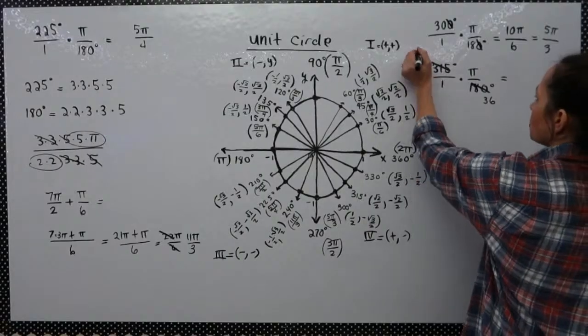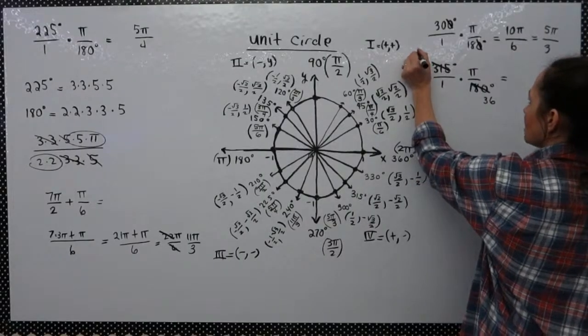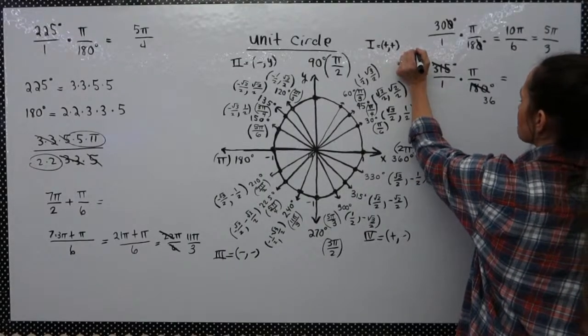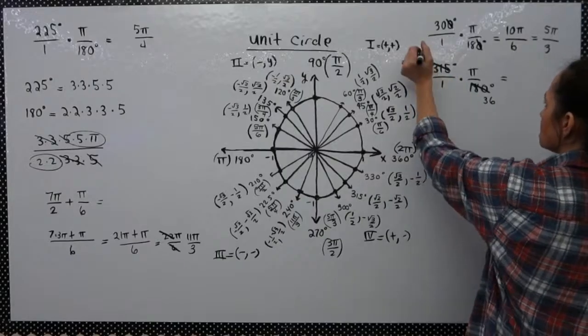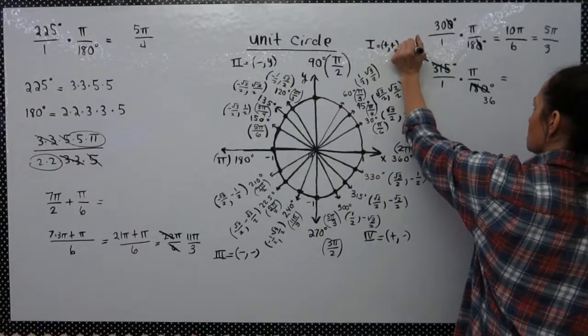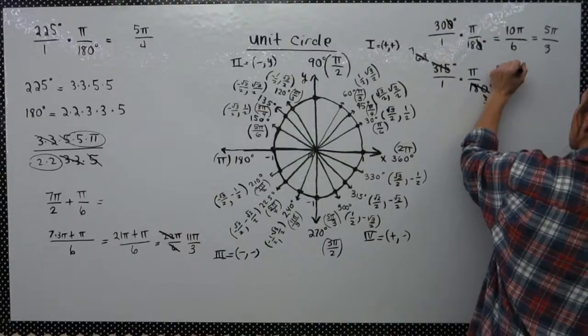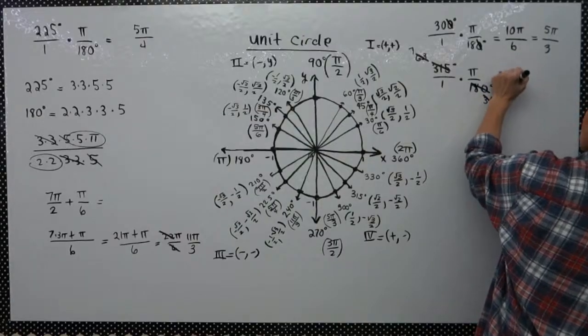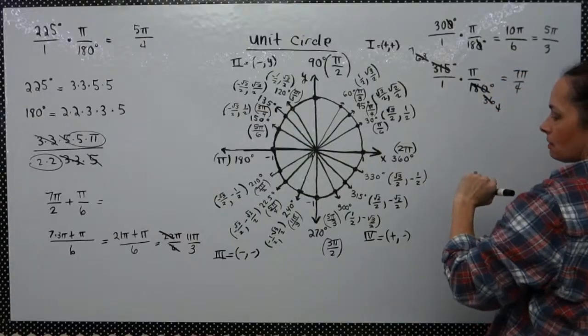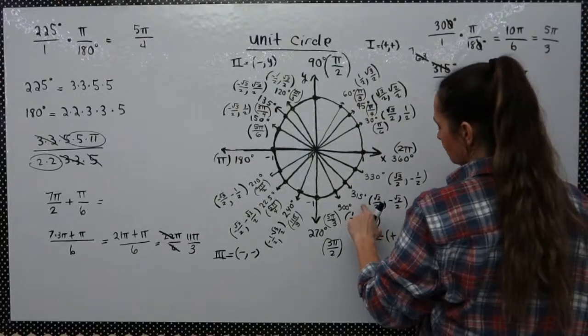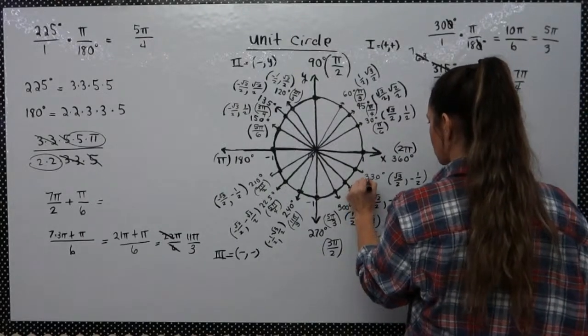So those are both multiples of 9. 63 is 7 times 9, and 36 is 9 times 4. So I'm getting 7 pi over 4 for 315.